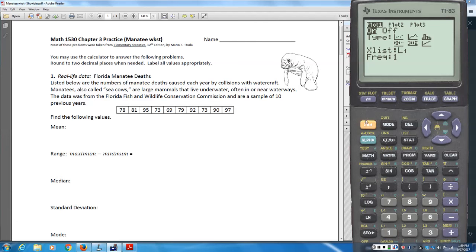Then the next thing you do, and this is important, hit your Y equals button and make sure that there's only one plot on, and that's plot 1. If you see 2 black boxes, and I know most of you do right now because you put 2 plots in there, put your cursor on the one you're not using and press enter to make sure that one's turned off.